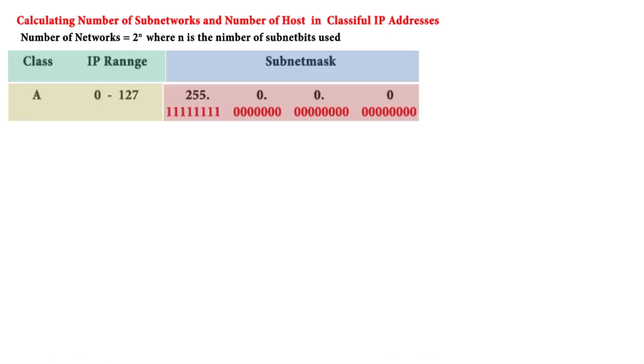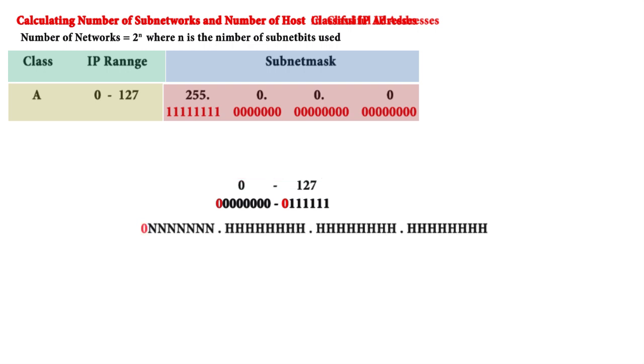For example, when we take the Class A IP address, we can see that it has 8 bits used for the network. The first bit of the first octet is always set to 0. Therefore, the first octet ranges from 0 to 127. Meaning Class A addresses only include IPs starting from 0 to 127. We can rewrite the IP format like this.